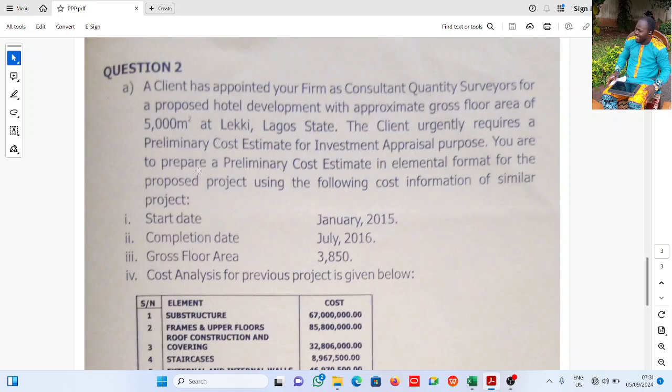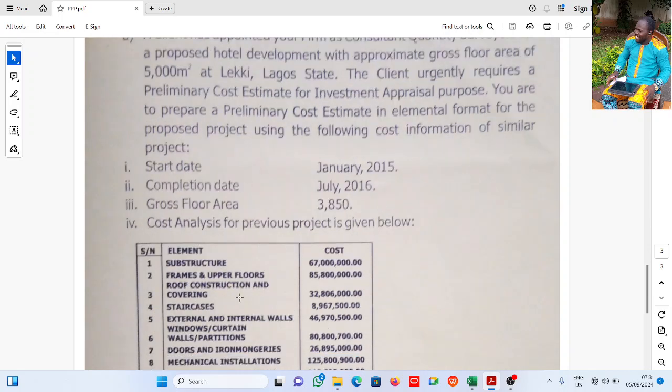You are to prepare a preliminary cost estimate in elemental format for the proposed project using the following cost information of a similar project. They've given us a format; this is an elemental format.